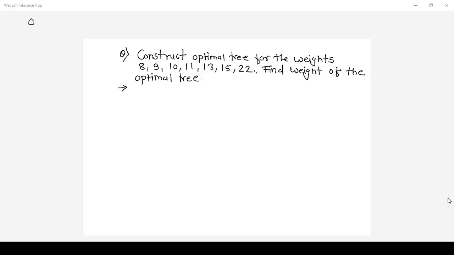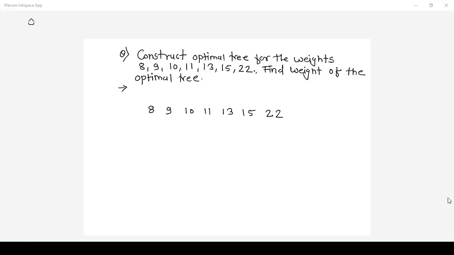The very first step in the Huffman algorithm is to organize the given weights in increasing order. The given weights are already in increasing order: 8, 9, 10, 11, 13, 15, and 22. That is the first step of the Huffman algorithm.